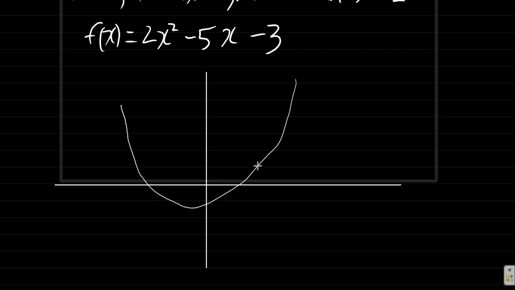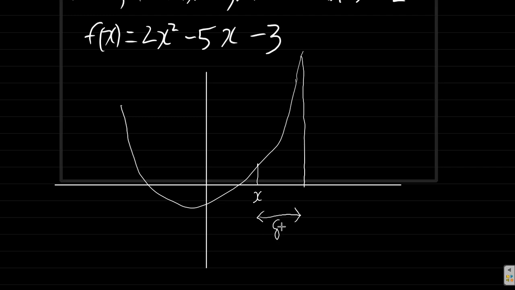Let us say you want to find the gradient between these 2 points. There's x here. There is this distance. Let's call it a small change in x.